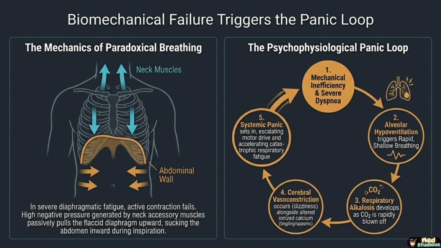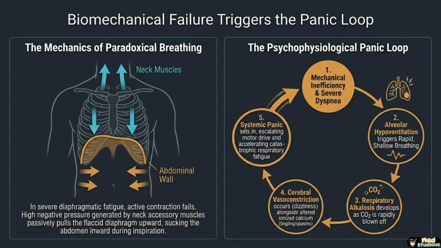This mechanical failure sets off a dangerous, self-reinforcing psychophysiological panic loop. It begins with mechanical inefficiency and severe dyspnea, which triggers alveolar hypoventilation and rapid shallow breathing. This rapid breathing then causes respiratory alkalosis, as carbon dioxide is blown off too quickly. That alkalosis alters ionized calcium levels, producing cerebral vasoconstriction, the cause of dizziness, tingling, and muscle spasms patients often report.